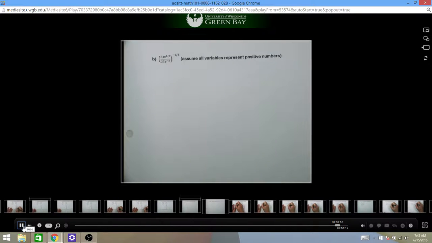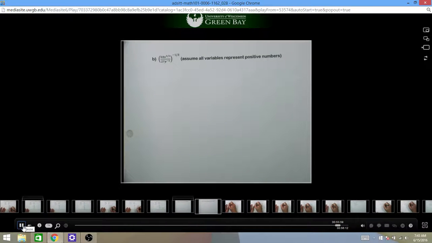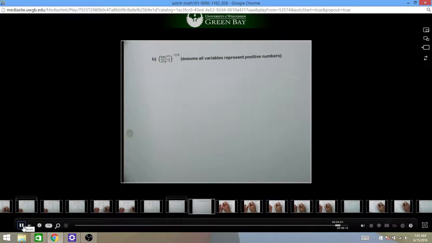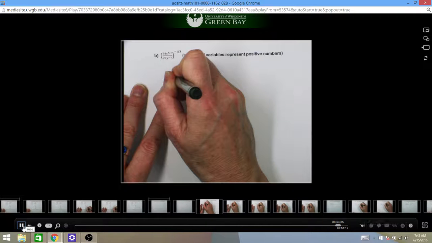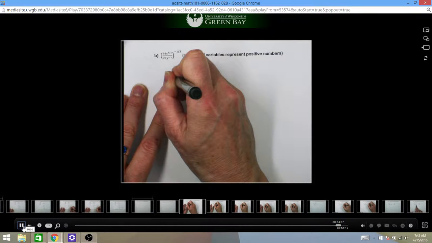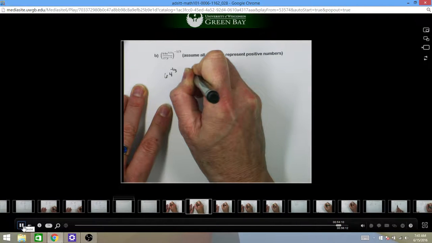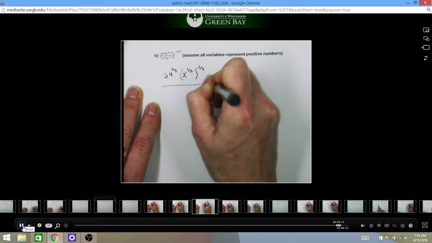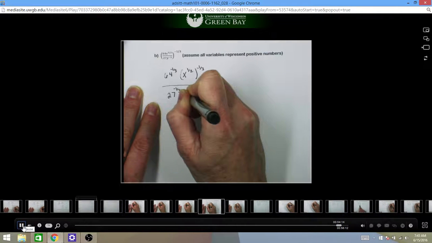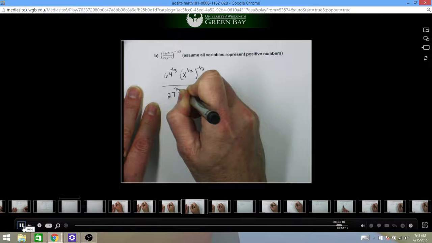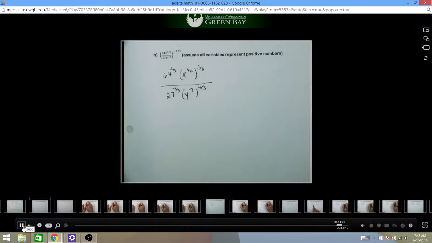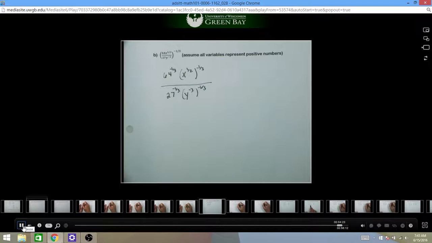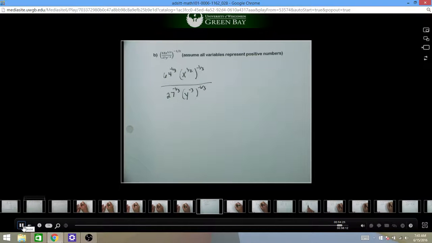So this negative 1/3 exponent applies to every single term in the numerator and denominator. It would be 64 to the negative 1/3, x to the 1/2 to the negative 1/3, 27 to the negative 1/3, and y to the negative 3 to the negative 1/3. So the outside exponent applies to every single factor, the numbers and the variables.